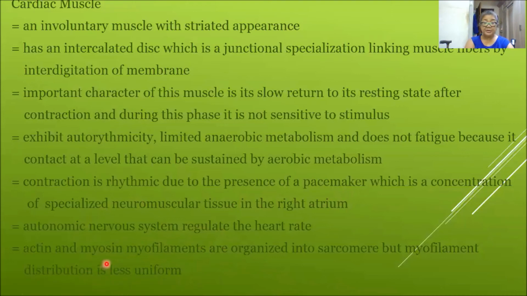So that's why your cardiac muscle could have striation, just like your skeletal muscle, but it has to be remembered that your cardiac muscle will contract not as strongly as your skeletal muscle, because here the myofilament distribution is less uniform.